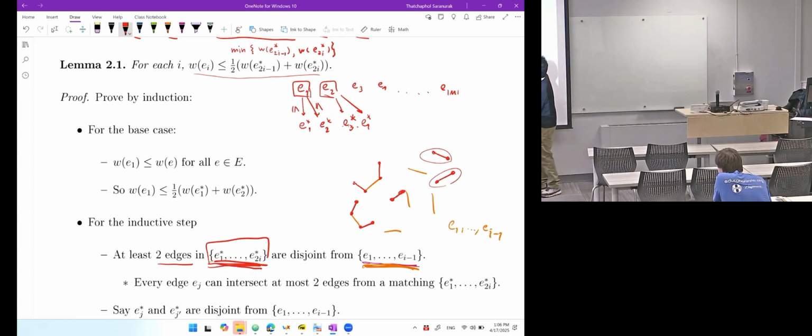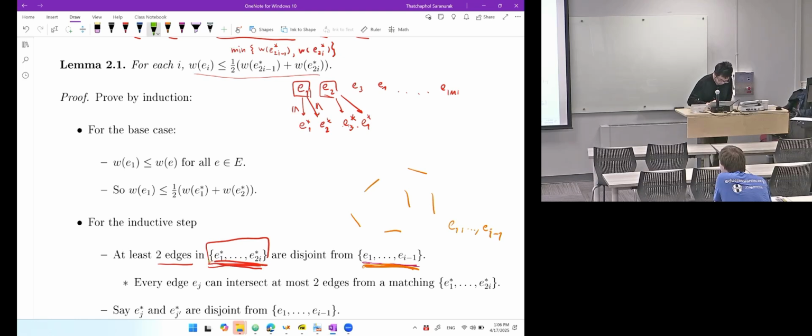Because the red edges, oh, I see, you can't distinguish the color. Yeah, let's write green.